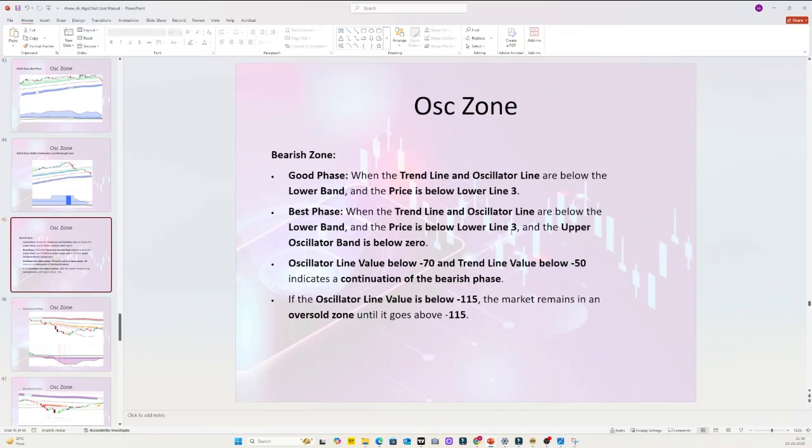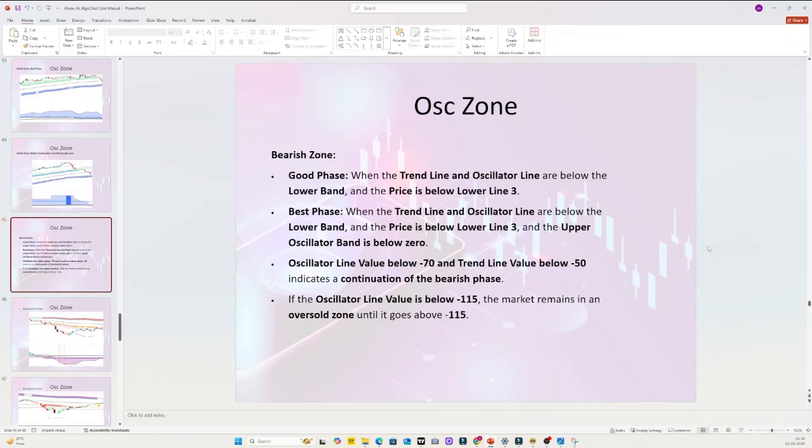Oscillator line value below minus 70 and trend line value below minus 50 indicates a continuation of the bearish phase. If the oscillator line value is below minus 115, the market remains in an oversold zone until it goes above minus 115. Okay, the 115 and minus 115 values are a very significant phase.